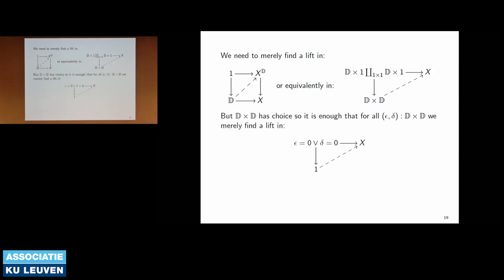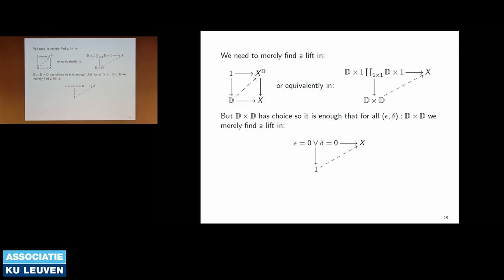A key remark is that D times D has choice. So in order to merely find a lift, we just need to merely find a lift over any point here. It means that for all pairs in the product D times D, we need to find a lift of this diagram here, where this is the fiber of this map over epsilon, delta.